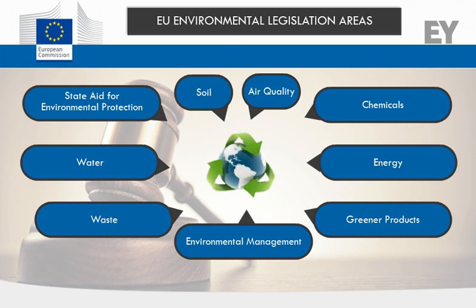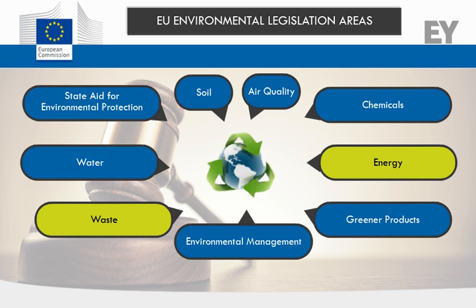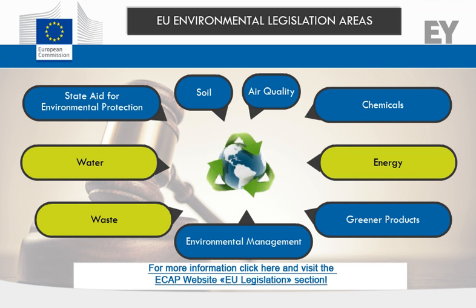The European environmental regulation concerning SMEs is actually a wide topic, and we are hereby focusing our attention only on those areas which are really relevant and useful for SMEs in helping them become environmentally compliant, such as energy, waste, and water. In order to get a better perception of this wide topic, you should visit the ECAP website section dedicated to it, namely the EU legislation one.